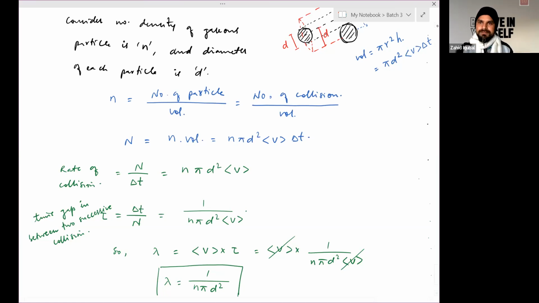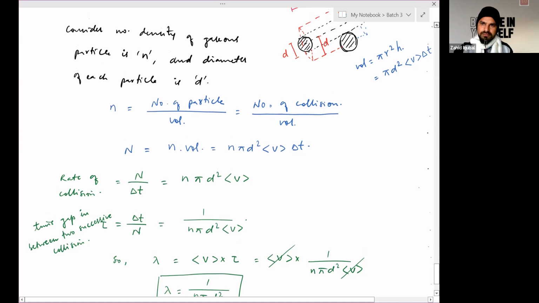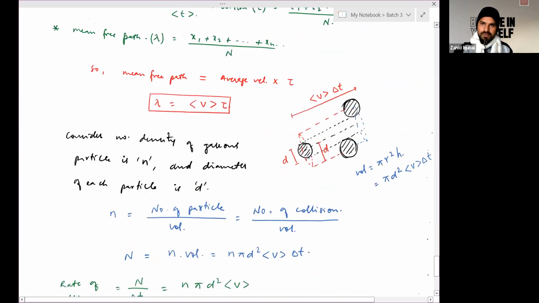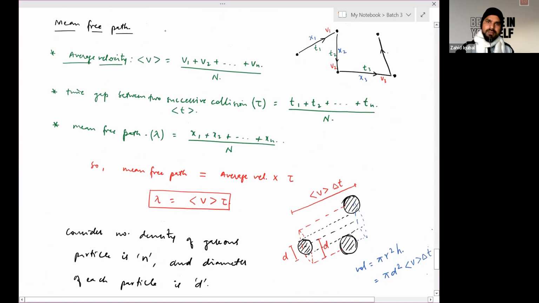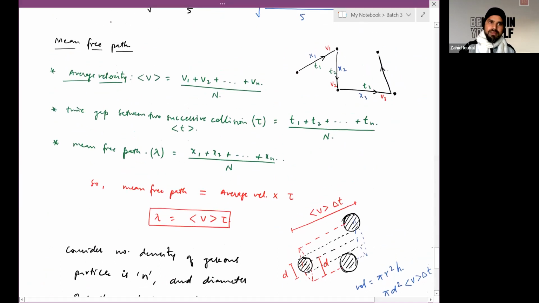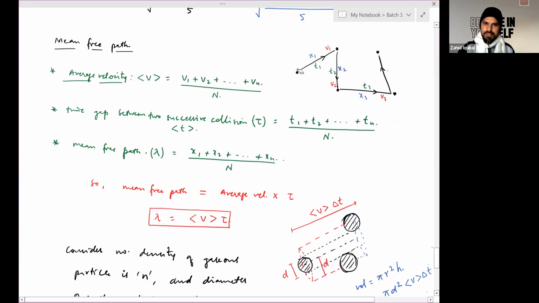Now, what is the mistake in this particular expression? Let me explain. In the derivation, we assumed that only this particle is moving and all the other particles are at rest. So it collides with the first particle, gets deflected along this way, further along this, and so on. But in general, all particles must be in motion with respect to one another.